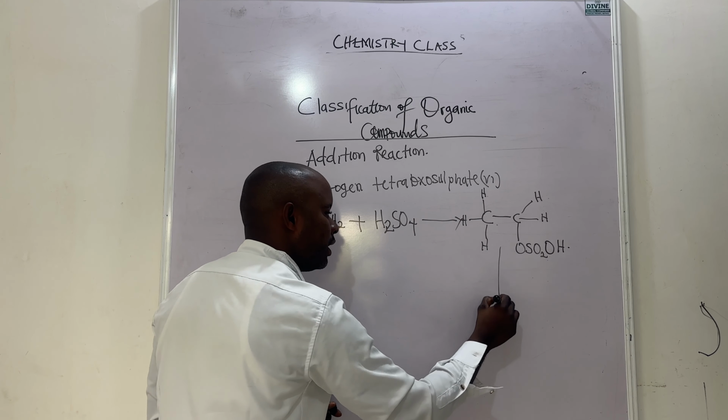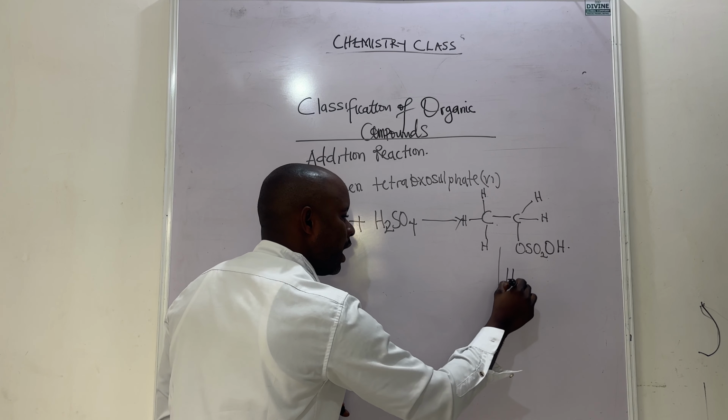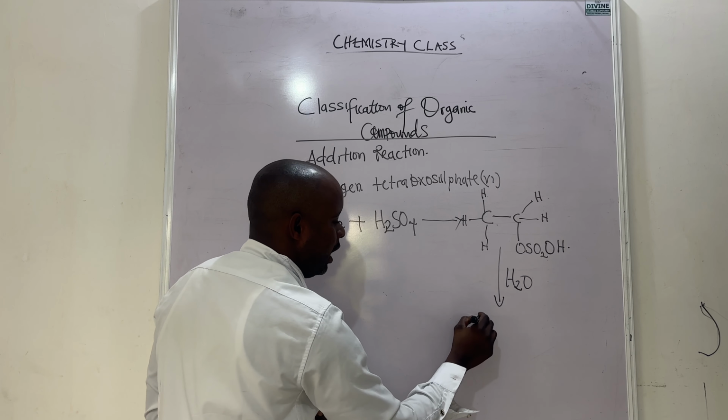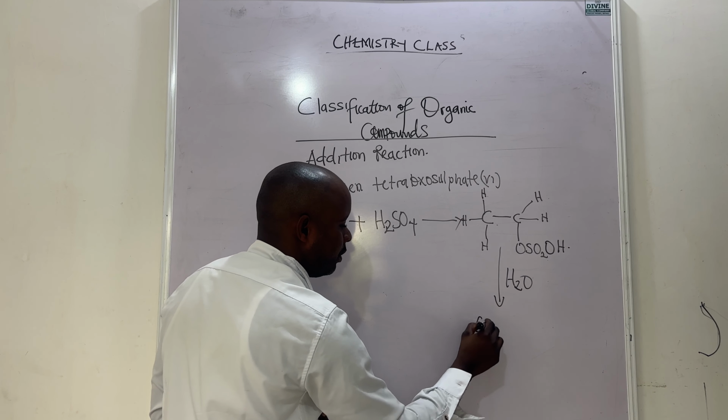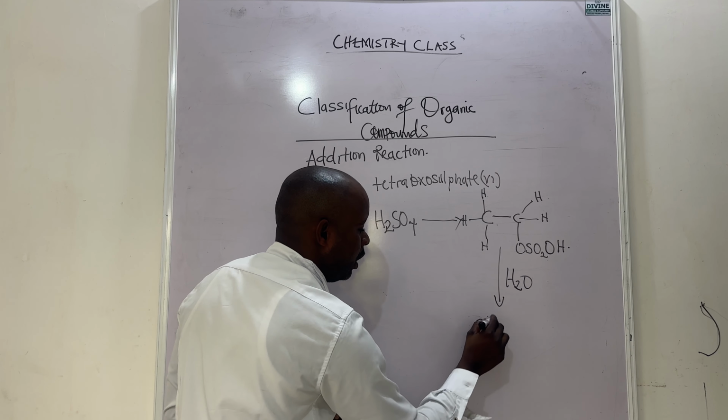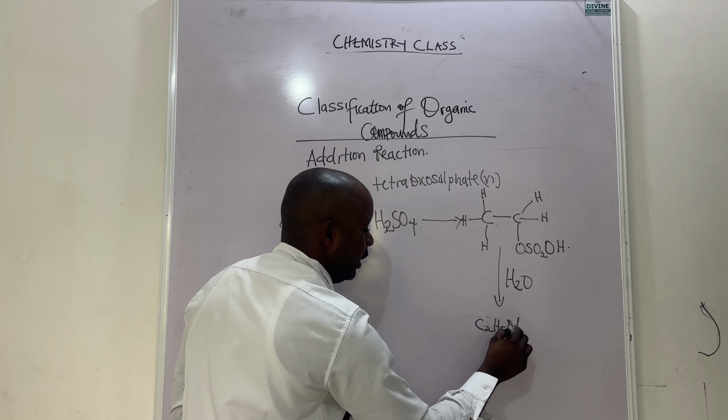When this compound is boiled in water, we're going to have ethanol, C2H5OH.